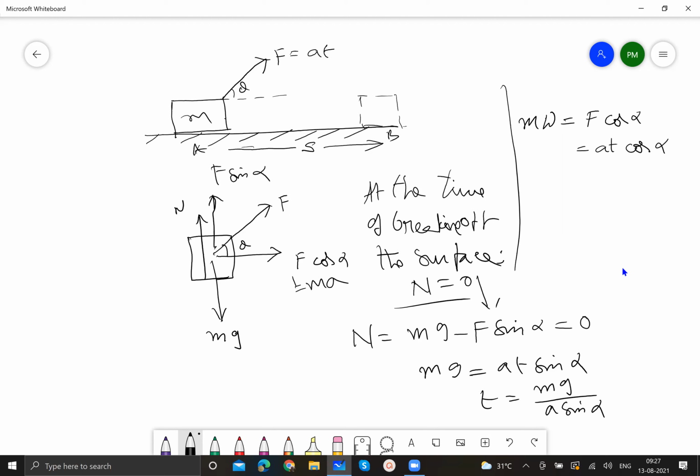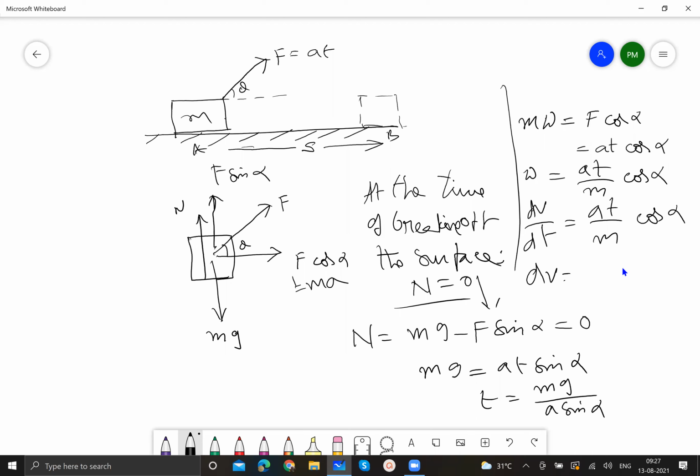Then we have omega is equal to AT by M into cos alpha. This is nothing but rate of change of velocity dv by dt. I told you yesterday, you should have the command to use the integration and differentiation wherever it is needed. So dv by dt is equal to AT by M cos alpha.